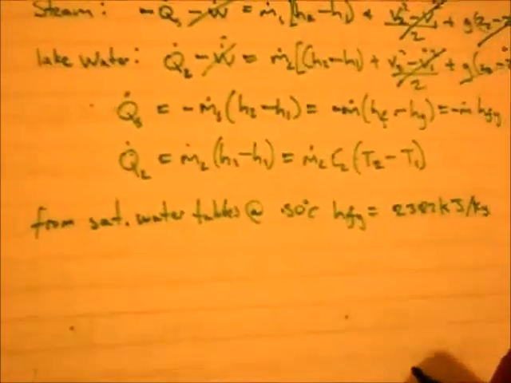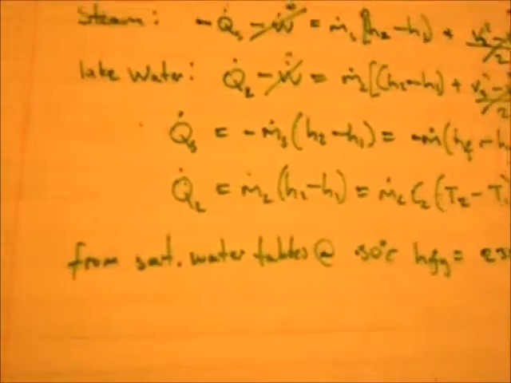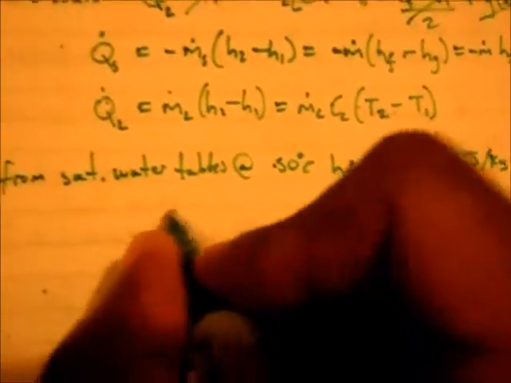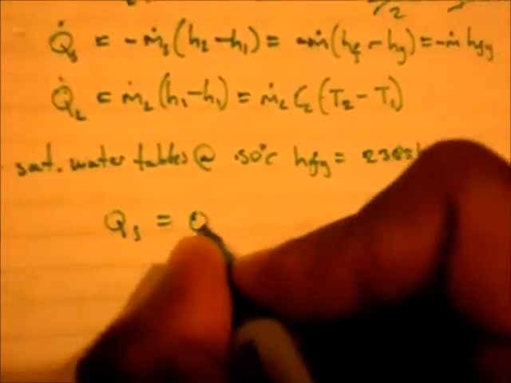Now the next thing we're going to do is to equate the two, being that energy is being transferred from one to the other, which means the steam is losing energy to the lake water, which simply means QS is equal to QL.